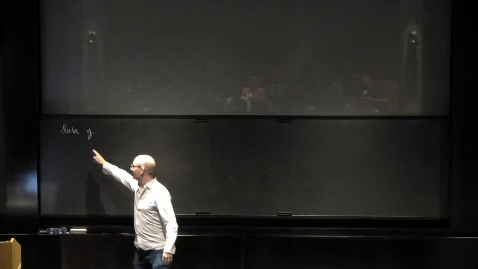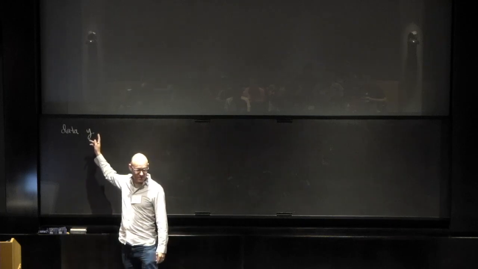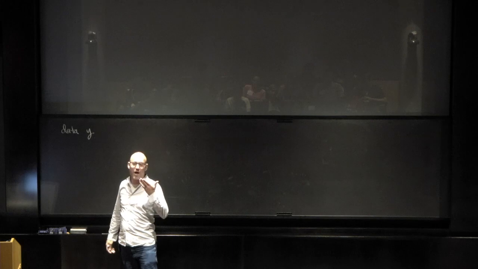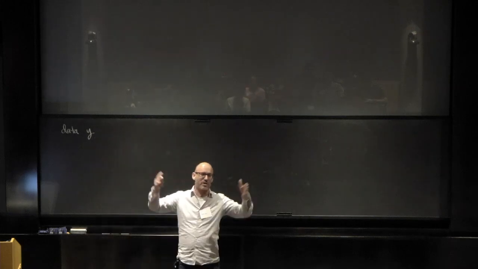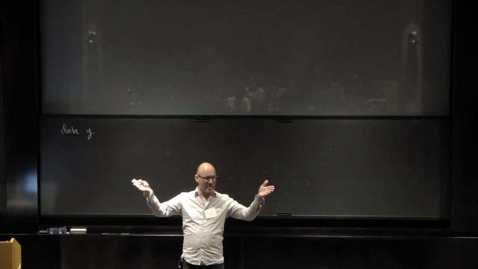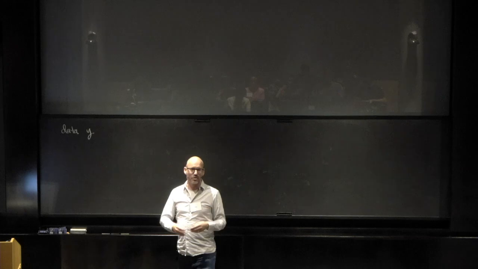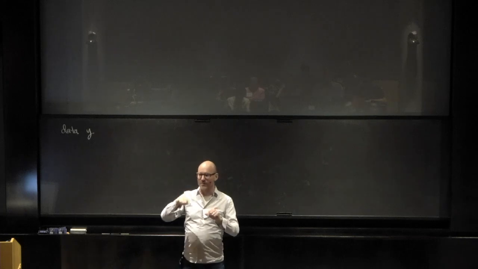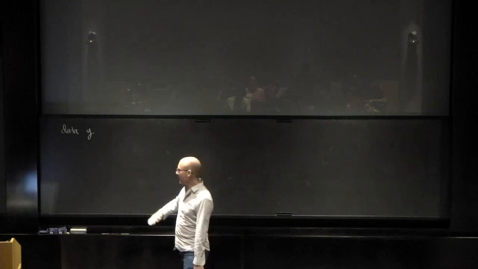Like y could be the entire LSST point source catalog, so y is probably some pretty big object, or a stellar spectrum. A lot of what I work on is stellar spectra these days. It could be a stellar spectrum, or the whole LSST catalog, or the light curve of some time domain event that you are trying to understand. So this is a very general object.